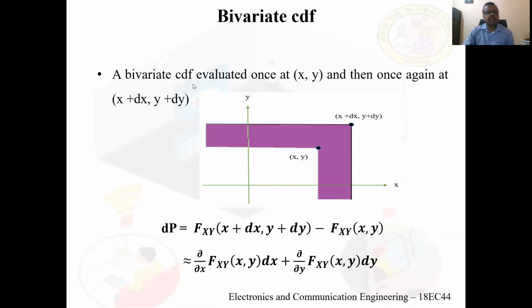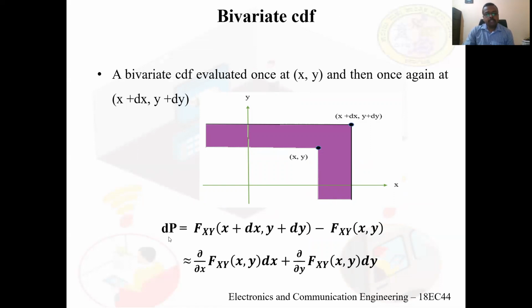Similarly, for a bivariate CDF, now we know the CDF Fxy of x comma y, which is evaluated at x comma y. Now, once again at x plus dx, y plus dy. Now, how do you find the bivariate CDF evaluated at x plus dx, y plus dy, right?